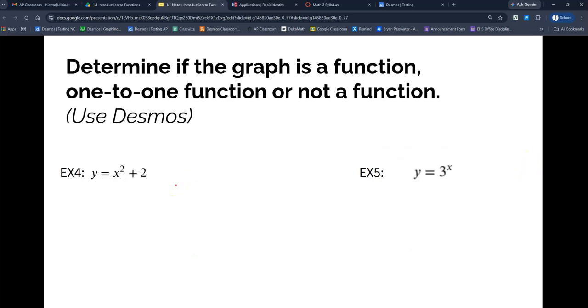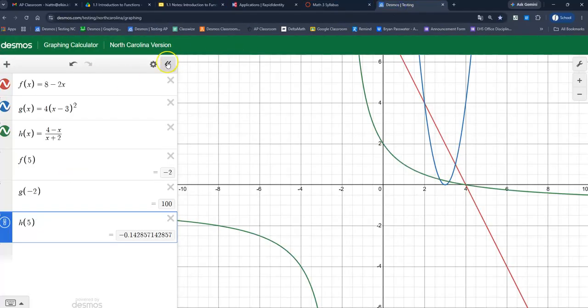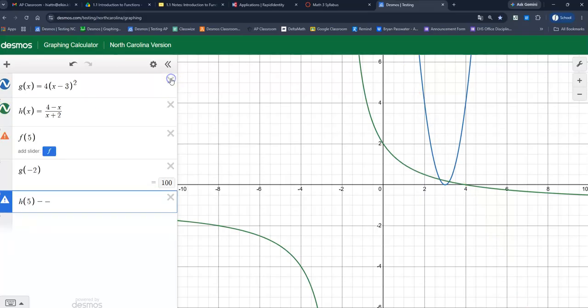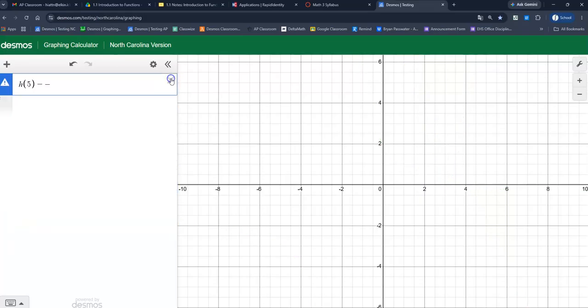This next one says to use Desmos, but we're not going to drag out the computers for just that, so I'm just going to graph it up here. So we've got f of x equals, what is it, x squared plus 2? Okay, here we go. Does this pass the vertical line test? Yes, it is a function.